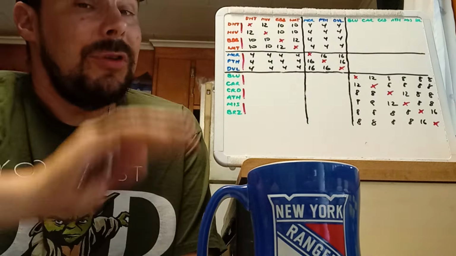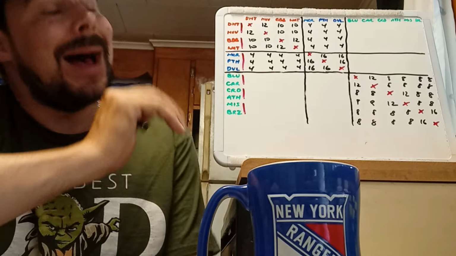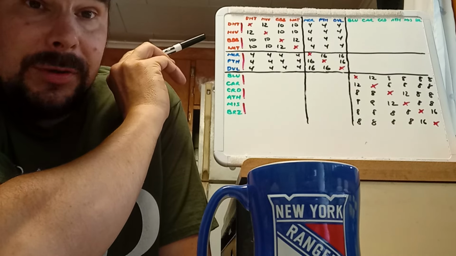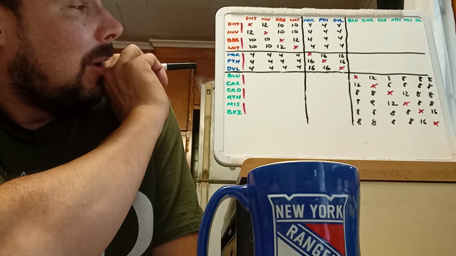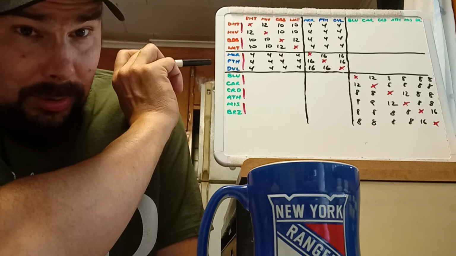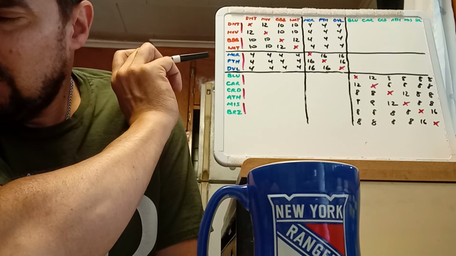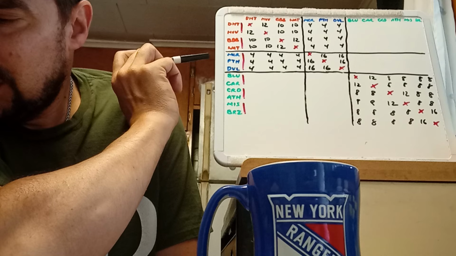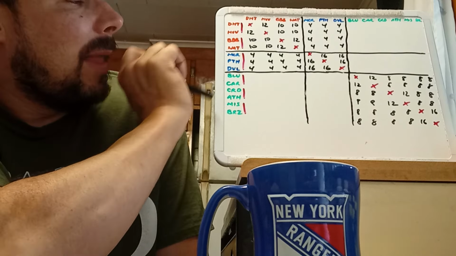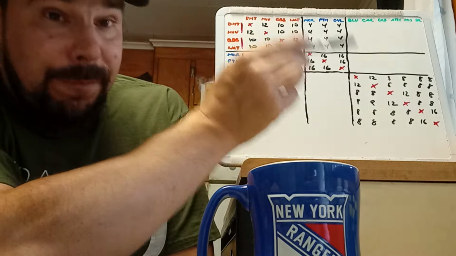Now, we still have an uneven number of games when we compare pod to pod. We have 44 games for the Northeastern teams. We have 16, 32, 48 for the Midwest teams. Did I do that right? 16, 32, 48. Yeah, that is correct. And then we have our 44 here.